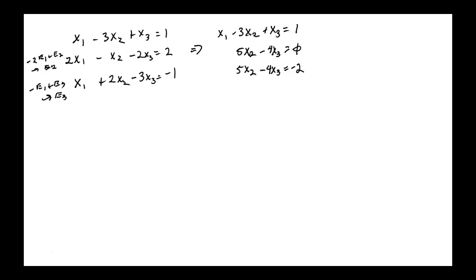And how many times can that happen? How can the same thing on the left-hand side be different things on the right-hand side? It can't. Okay? Whatever it is here, that 5x2 minus 4x3, it can't be 0 and at the same time be minus 2. It just can't happen. So what would you think?